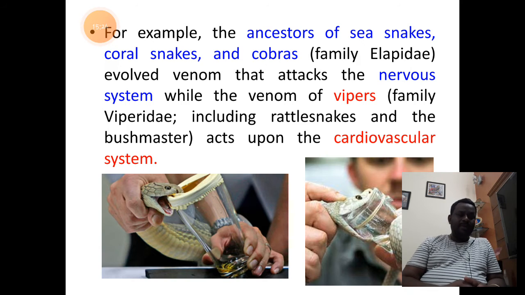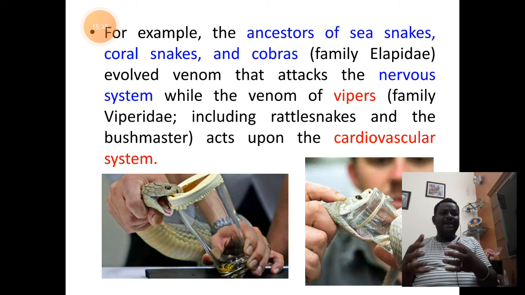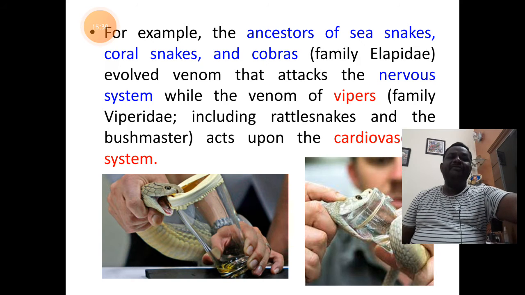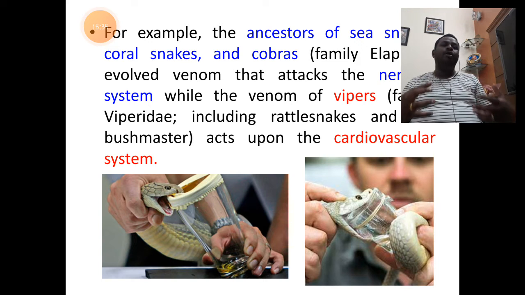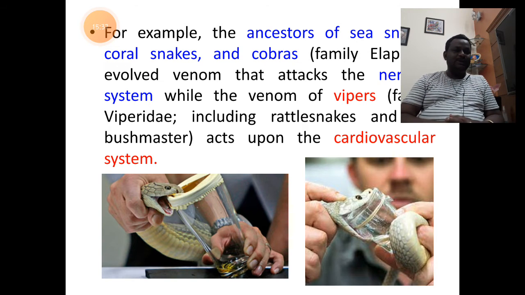Even though we have common ancestors, we can find that the action of venom which these families of snakes produce is totally different. The system itself is varying.